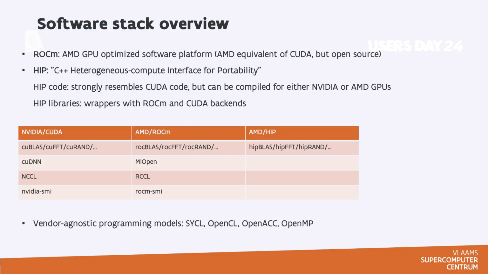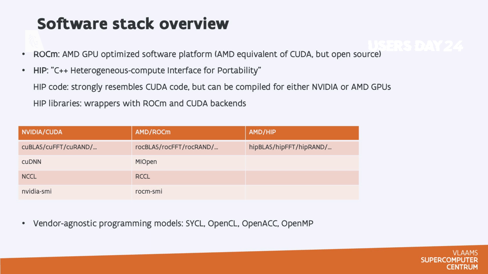Just one quick slide on the underlying software stack. So you probably heard of CUDA before. Well, okay, ROCm is the AMD equivalent. HIP code is basically like CUDA code, but can be compiled for both NVIDIA and AMD GPUs. So it's slightly more portable in that respect.